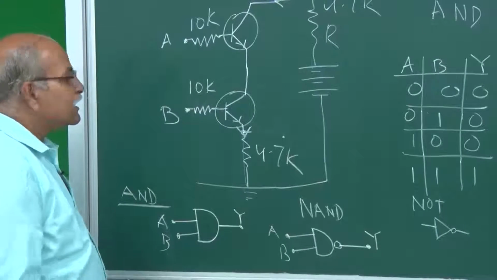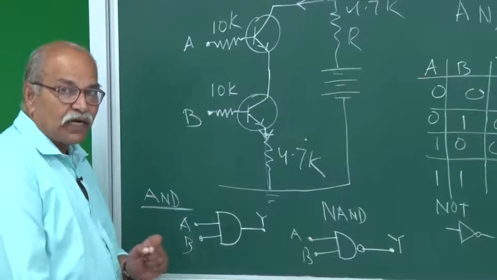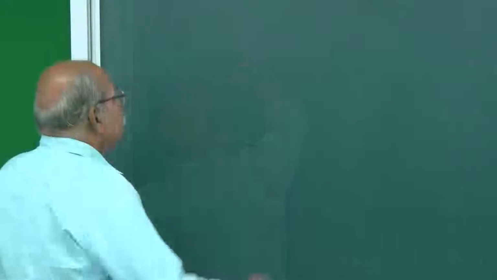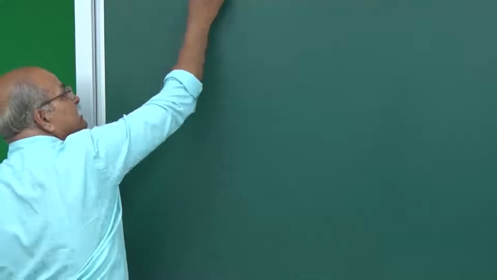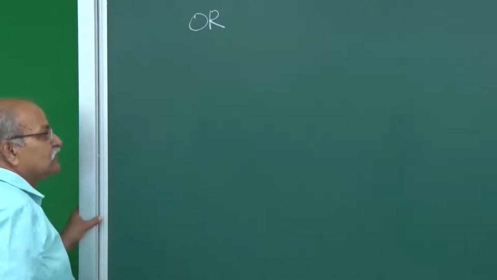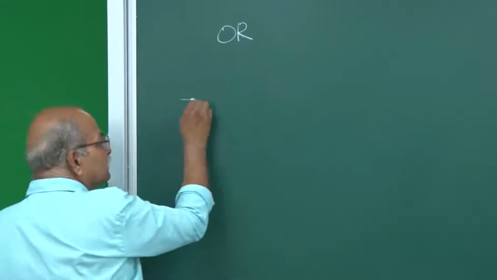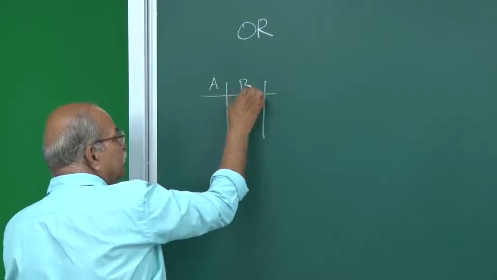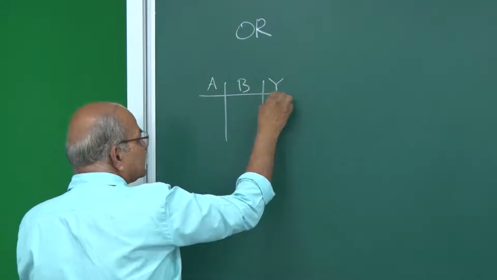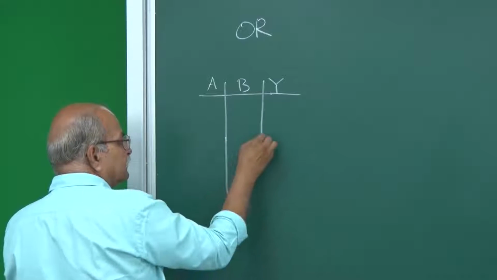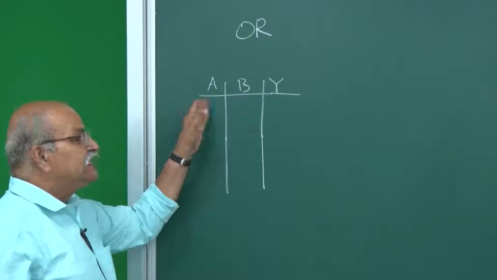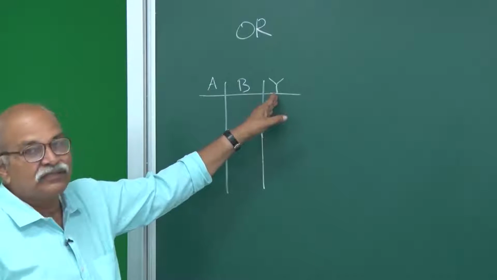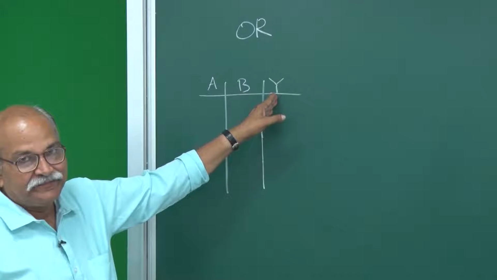Okay, now the next will be the OR gate. So our next is the OR gate, and the OR gate means A, B, Y, and if any of these two inputs is high, the output should be high.